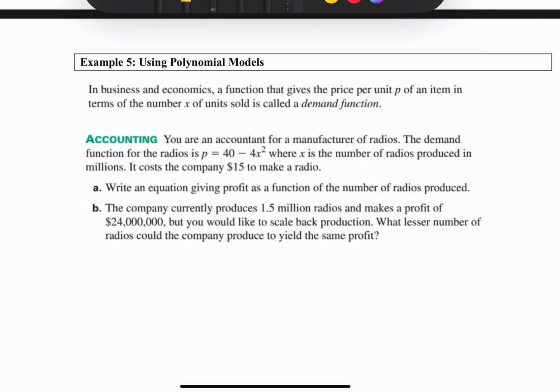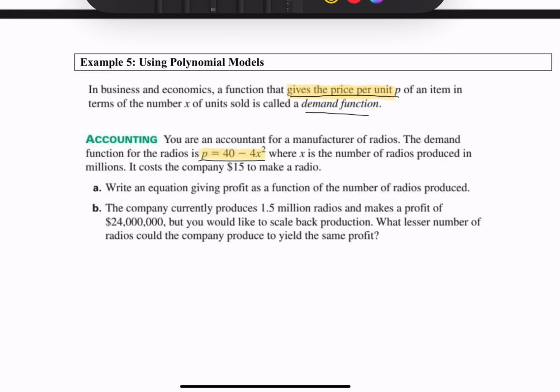So accounting, you are an accountant for a manufacturer of radios, and the demand function for the radios is P equals 40 minus 4x squared. So this equation right here. Now that's the demand function, and that gives the price per unit P. So this right here is the price per unit.